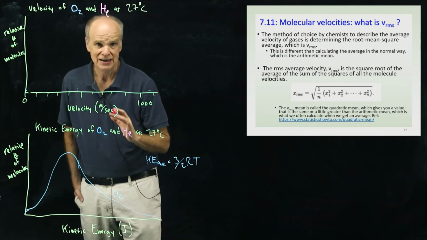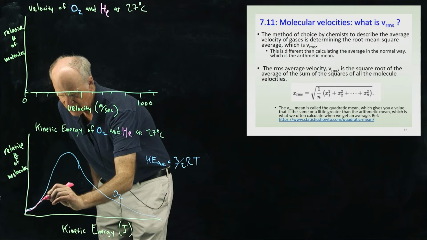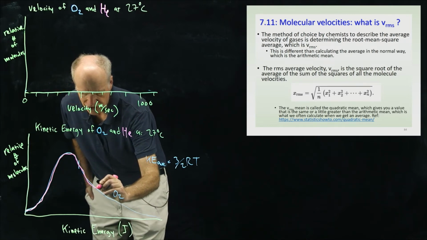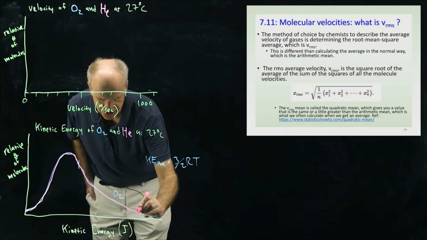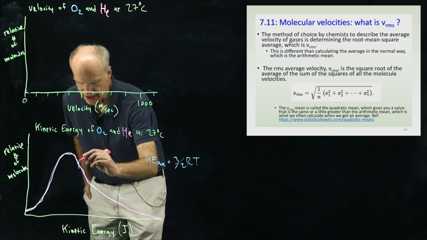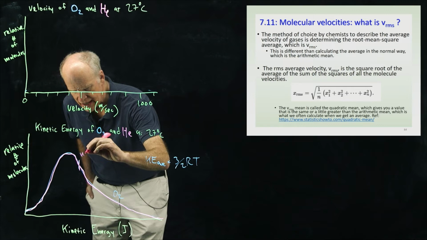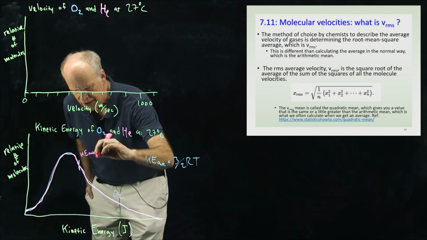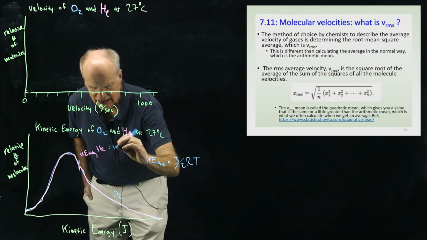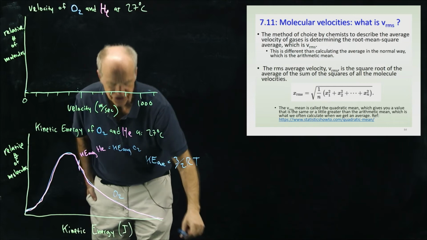So if we were to plot helium's kinetic energies, it would look something like this. It would be right on top of oxygen's curve, like this. And so really the distribution of helium's kinetic energies is not going to be any different than oxygen's. And so they're going to have the same average too. So here we have the kinetic energy average of helium is going to be equal to the kinetic energy average of oxygen. So really no surprises there.